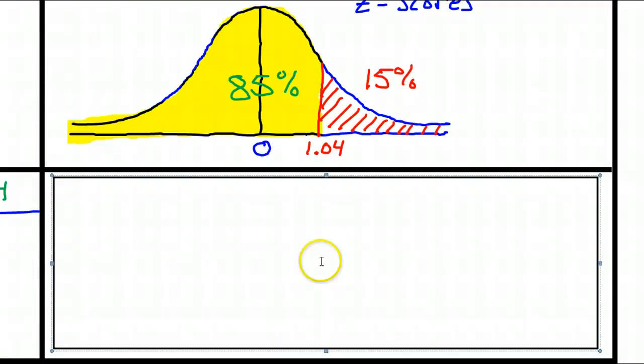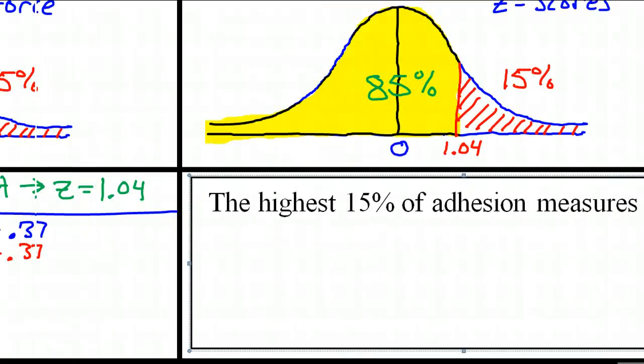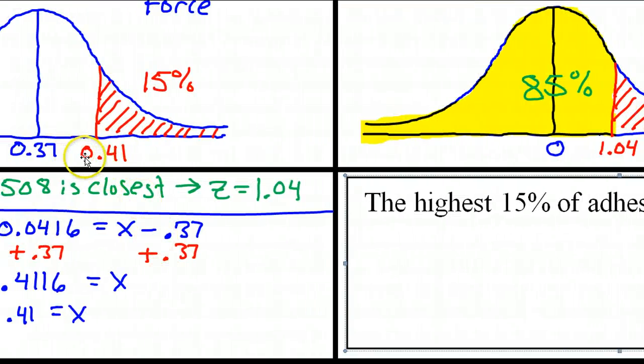So I will say the highest 15% of adhesion measures, they are above 0.41.